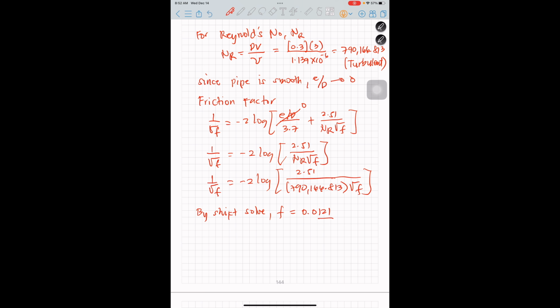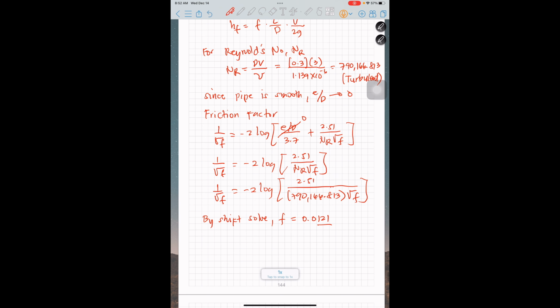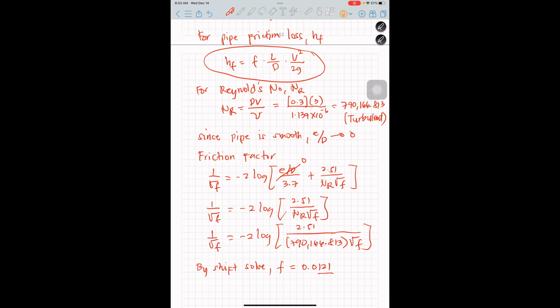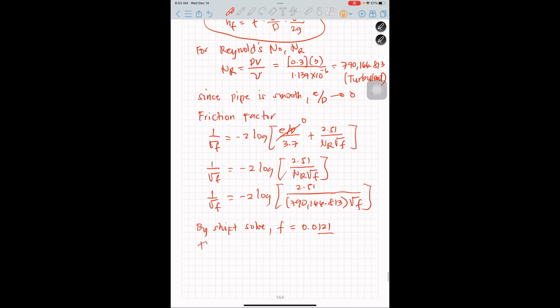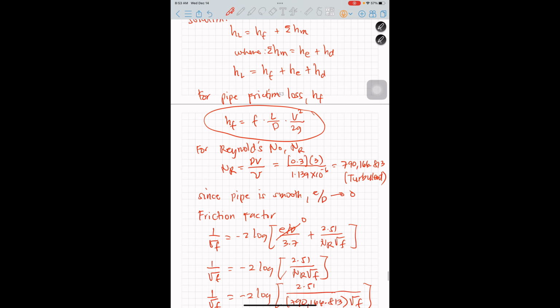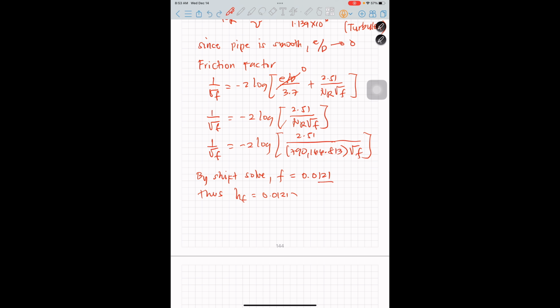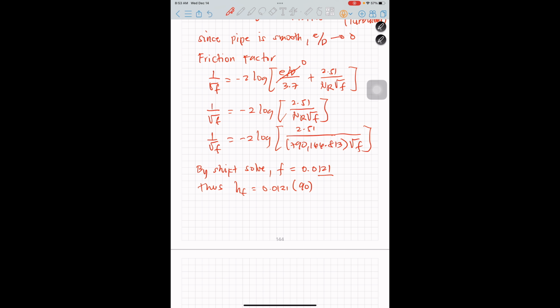Since we already have our friction factor F, we can substitute this value into our friction loss formula. Your friction loss is equal to 0.0121 times the length of the pipe, which is 90 meters, times the velocity of 3 meters per second squared, divided by the diameter of 0.3 meters times 2G.